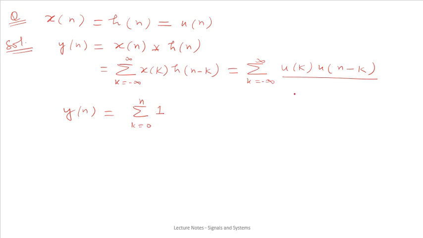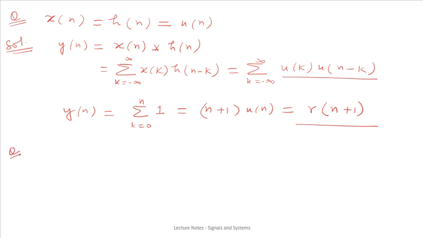Because uk starts from 0, the lower limit will become 0, and the signals are defined up to the point n. uk will be 0 for k less than 0, and the upper limit will be k equals n, because u of n minus k will be 0 for k greater than n. So this will simply be equal to n plus 1 times un, or it can be written in terms of the ramp signal as well. This will be your final answer.